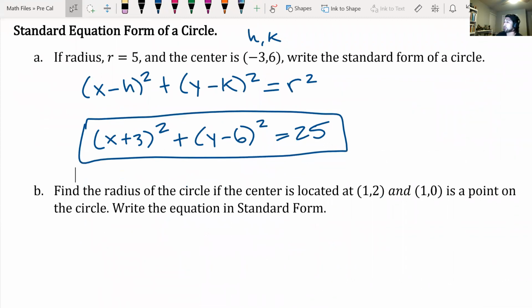All right. B, same thing. Find the radius of the circle if the center is located at (1, 2), and (1, 0) is a point on the circle. Find the standard form. So once again, I'll just write the standard form just so we have it. The more you write it, the more it burns into your brain.